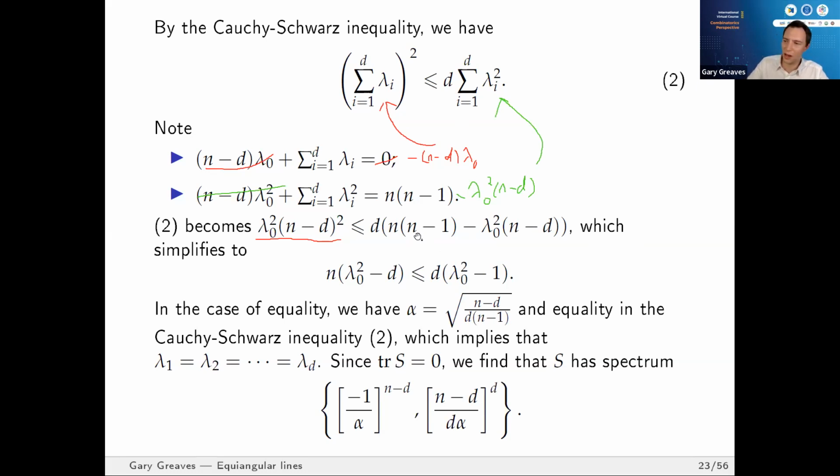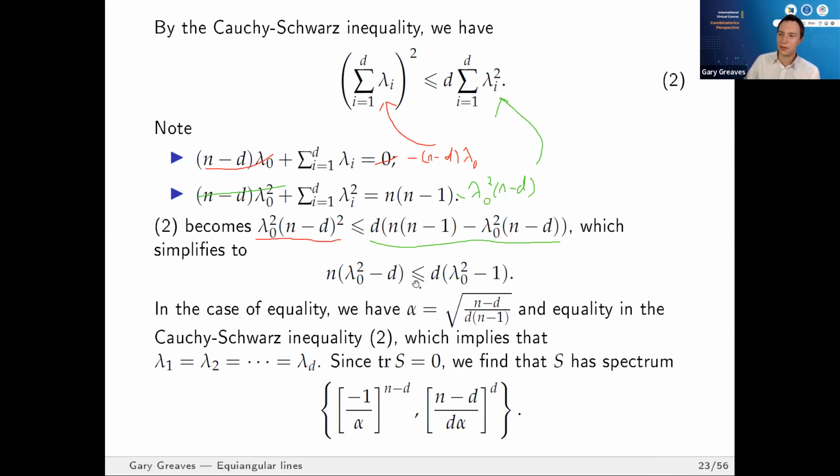I should underline this part. And then we can simplify this. So if we simplify this inequality, we end up with this part, n times lambda 0 squared minus d is at most d times lambda 0 squared minus 1.